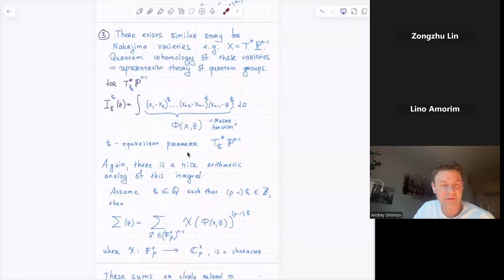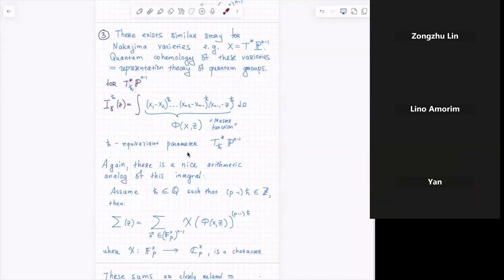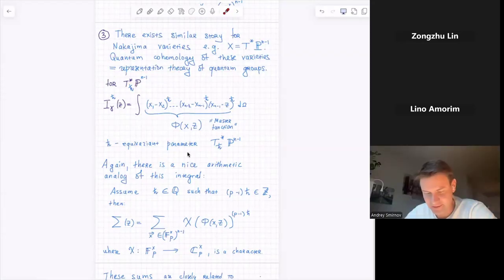So in this case, we need to study equivariant cohomology, which means that there is an extra action of a torus on this space, and this torus acts by scaling cotangent fibers with some equivariant parameter, which I denote by h bar here. Otherwise, Gromov-Witten invariants do not make sense. Since this space is non-compact, these Gromov-Witten invariants are not defined unless you study them equivariantly, so that the set of fixed points, which in this case is just projective space, is compact.